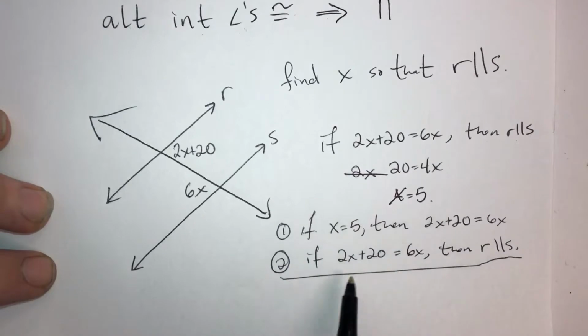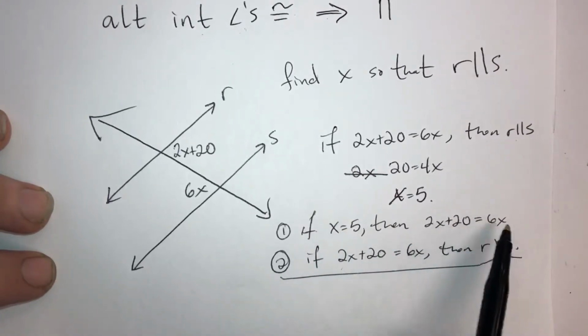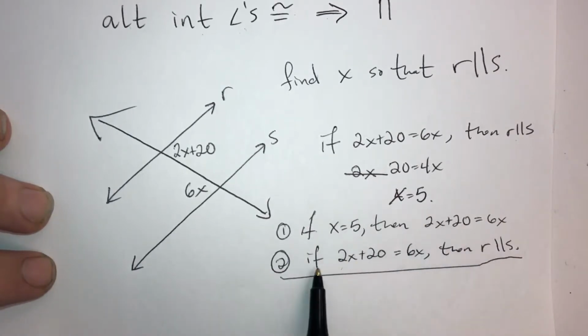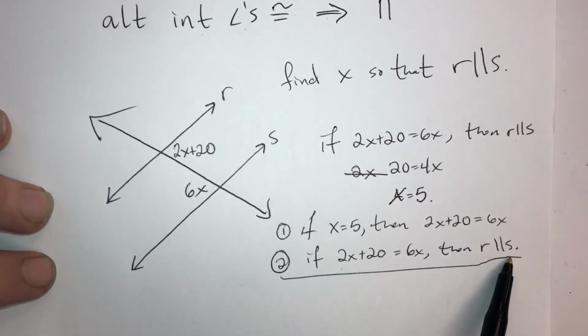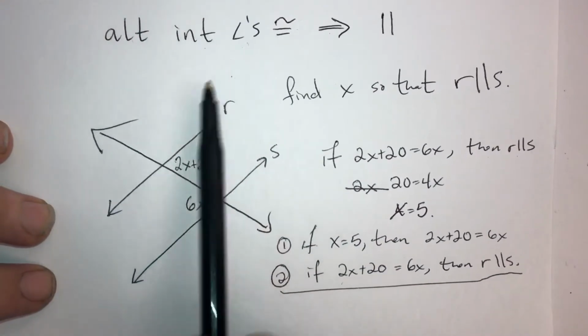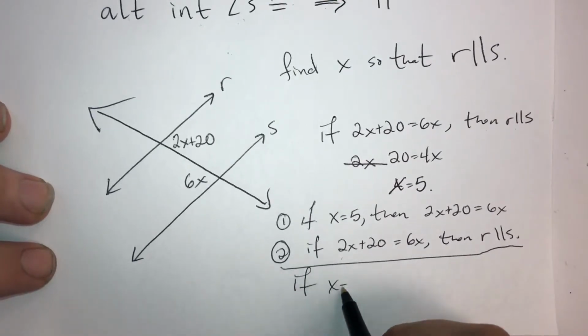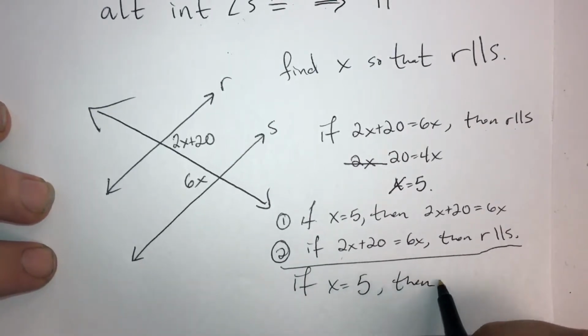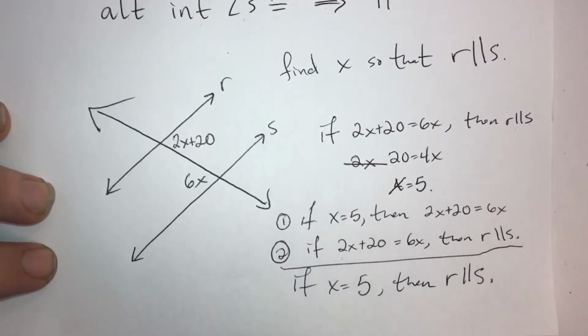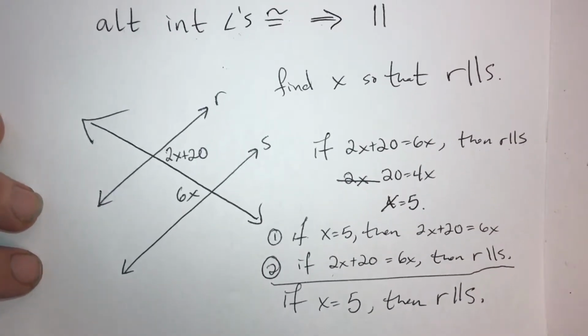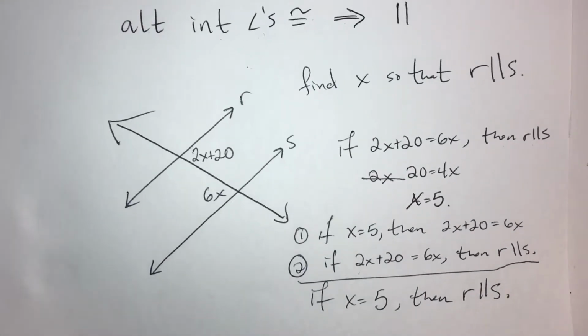This statement is true, and this statement is true. This statement is true because of algebra. If we plug it in, we get an identity. This statement is true because of the substitution property of equality. This statement is true because of this theorem. So if this is true and this is true, then if x equals 5, then r is parallel to s. So that's the law of syllogism that we've been talking about. Very interesting.